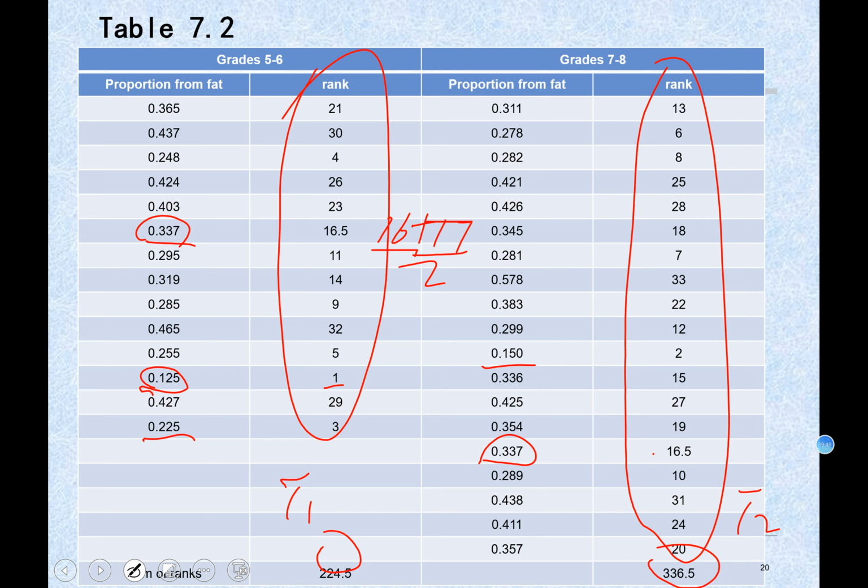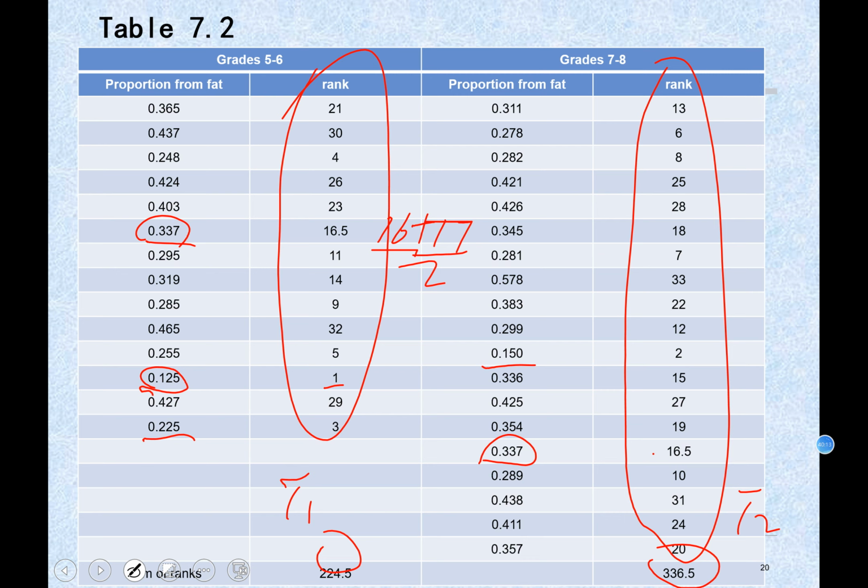And here we need to choose only one from the two as the test statistic. So which one should we choose? I have mentioned a rule before. That is, we need to use the sum of the ranks from the smaller sample.